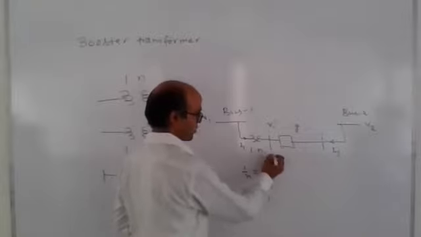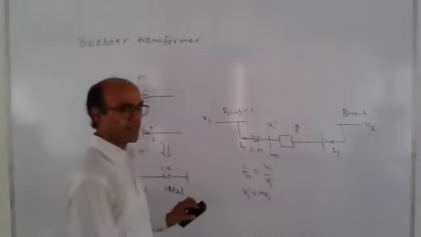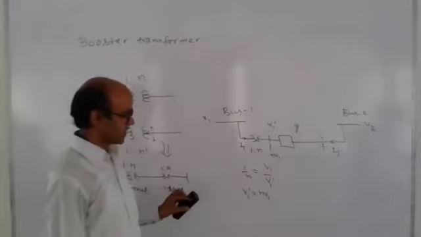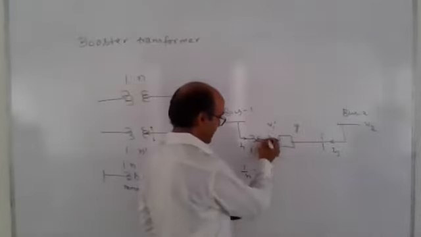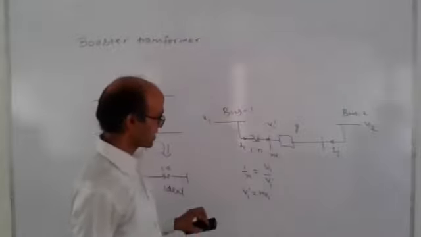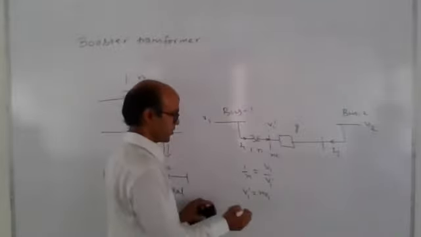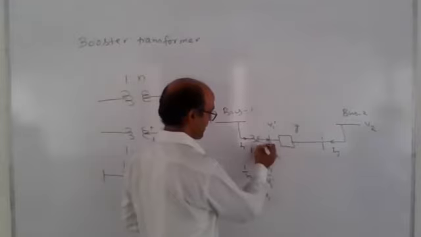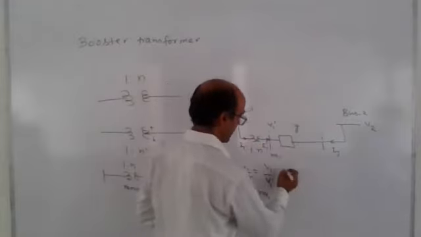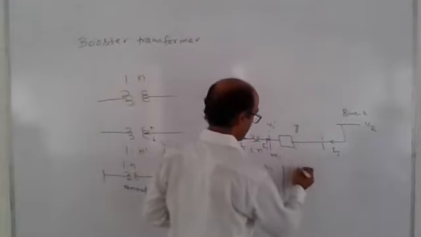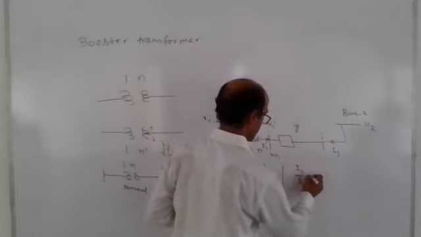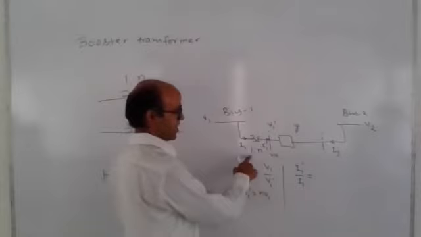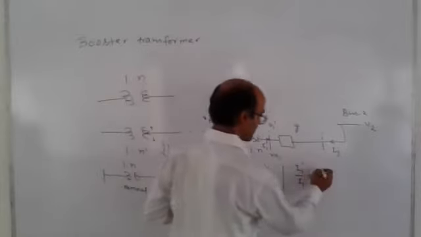So you are getting this voltage as n times V1. Now you can easily find I equals y into V. The injected current at this terminal is also found by the turn ratio. Suppose this current is I1 dash. Then what is I1 dash divided by Ii? The reciprocal of the turn ratio.